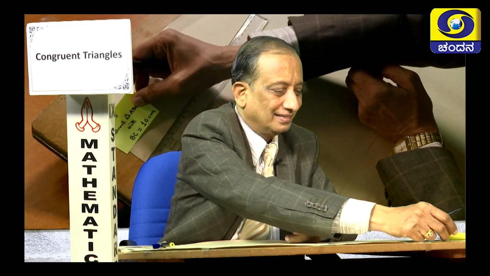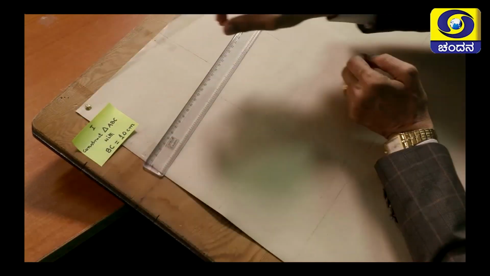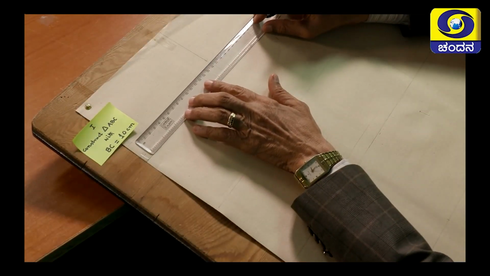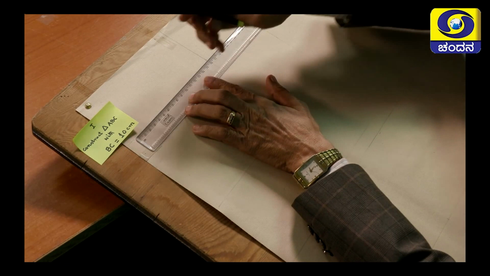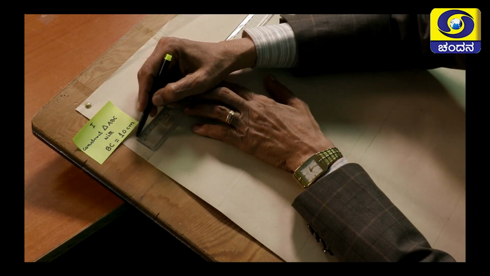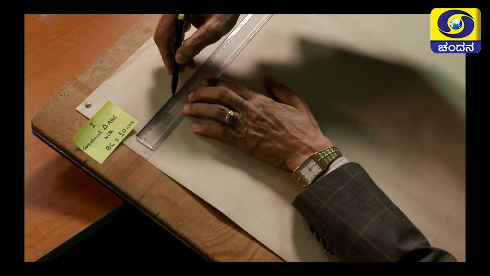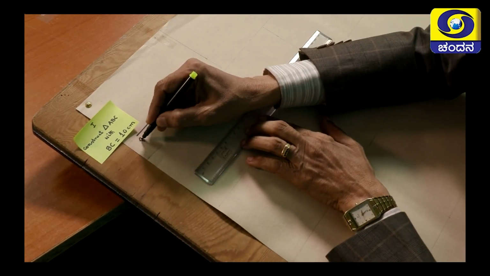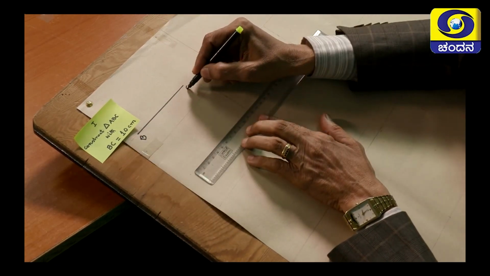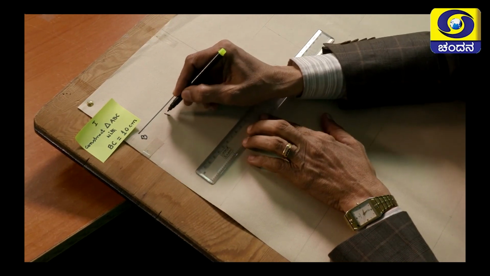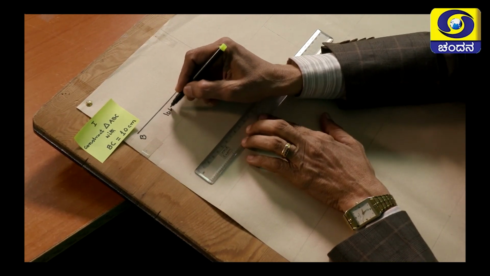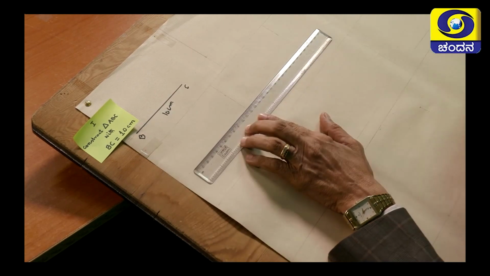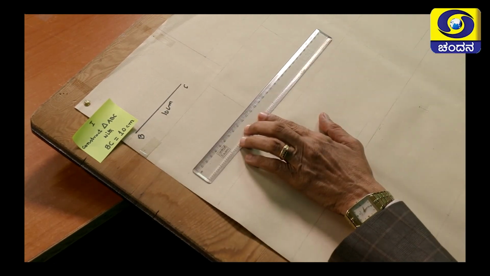Yes. Now we want to construct a triangle ABC such that only one element is given. Say the length of BC is given as 10 centimeters. So this is B and this is C. Given only one element, do you think that we can construct a triangle? Definitely not. Okay.